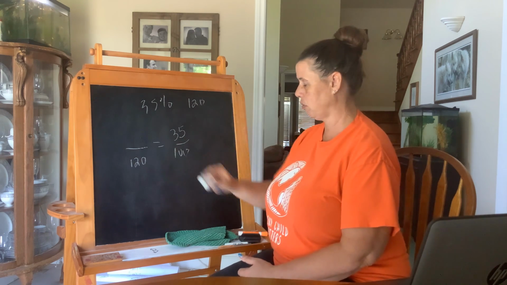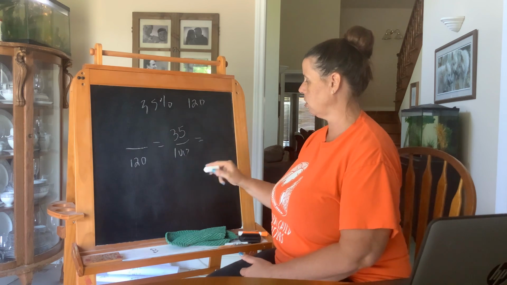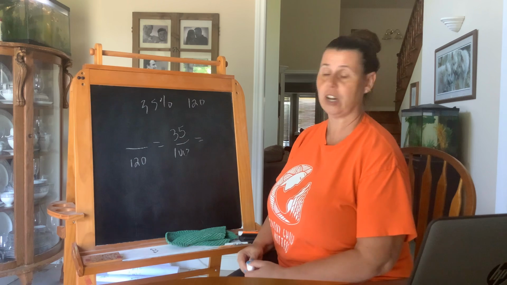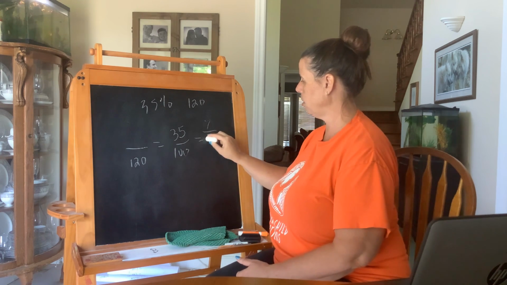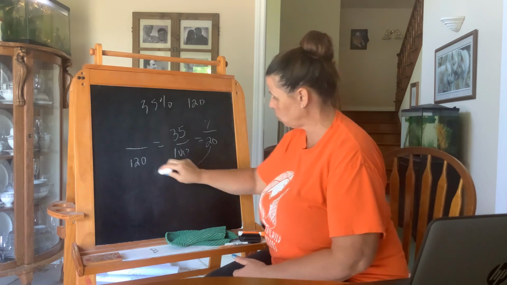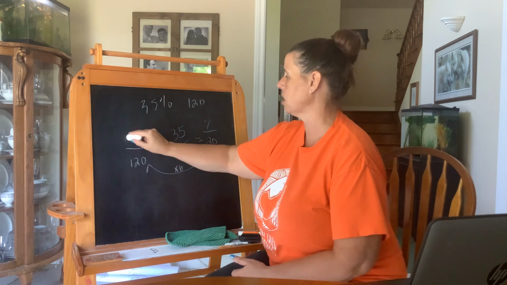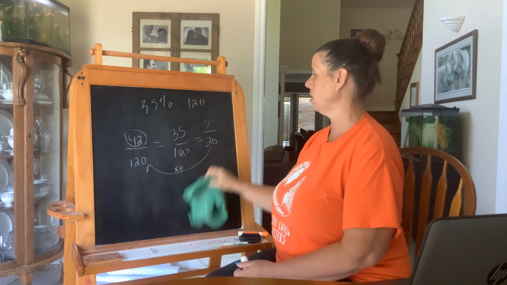So we can't go from 100 to 120 or vice versa, so we have to reduce this. So I see 5 and 0, so I'm automatically thinking 5s. So 35 divided by 5 is 7. 100 divided by 5 is 20. Can I get from 20 to 120? Yep, times 6. 7 times 6 is 42, which means 42 kids have MP3 players.